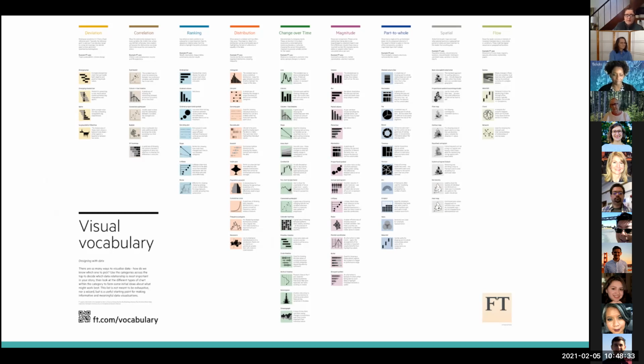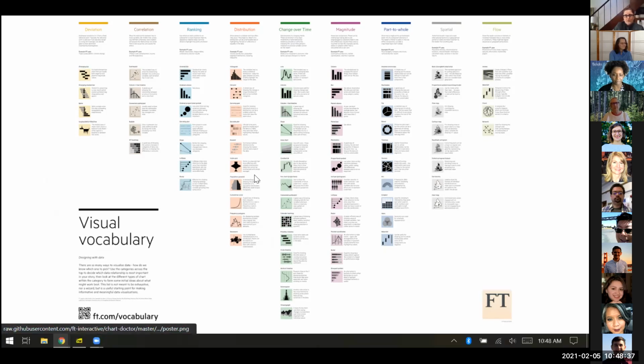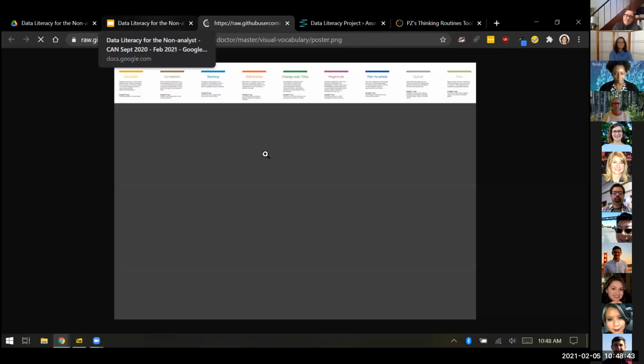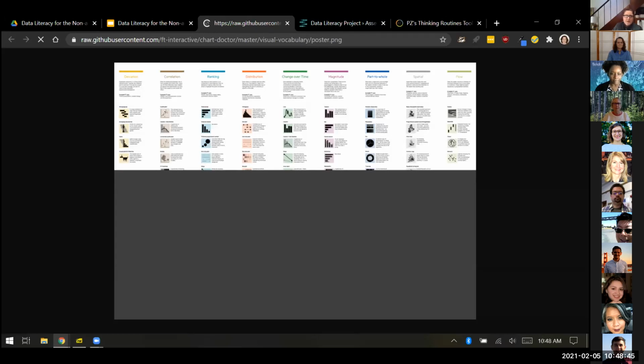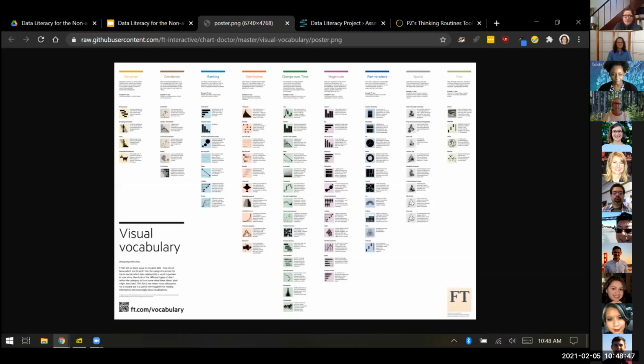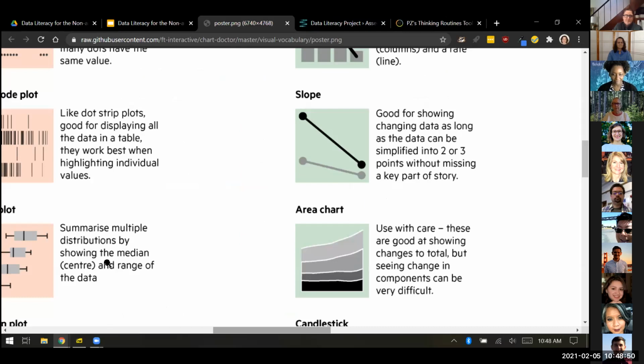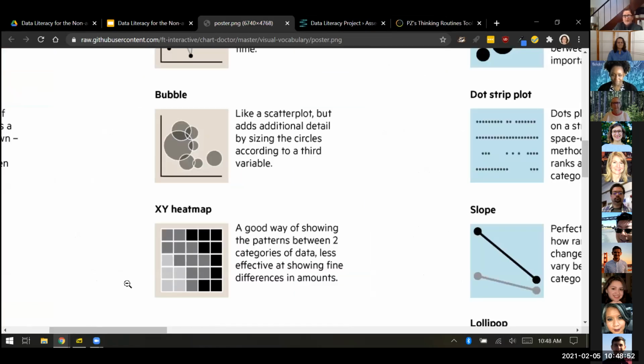Again, this is a link. It'll take you to the image, which is a gigantic poster that you can download and keep. I tried to print it out once, and to be able to read the words, you have to print it like a banner. It's huge.